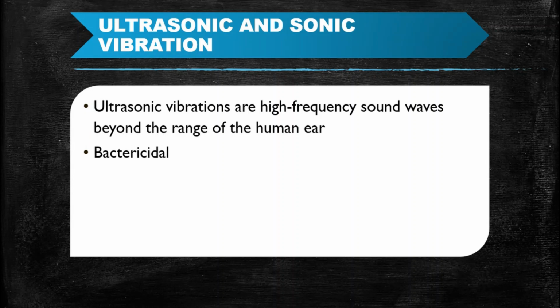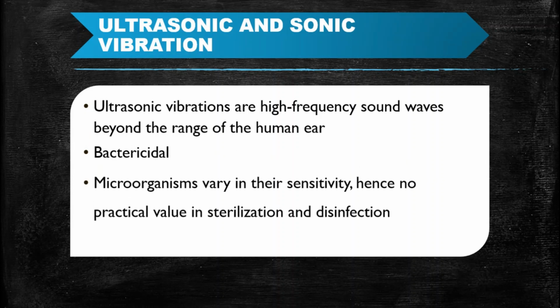These are found to have bactericidal action, but the microorganisms vary in their sensitivity, hence they have no practical value in sterilization and disinfection. Although they have an effect on the organism, they do not have any practical value in sterilization and disinfection, because their action varies in different organisms.